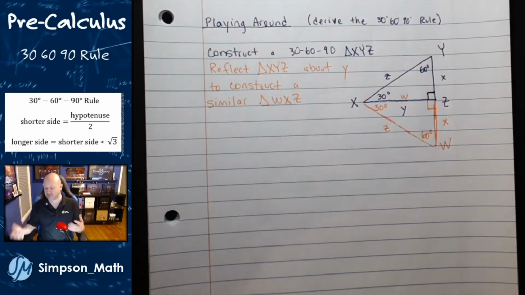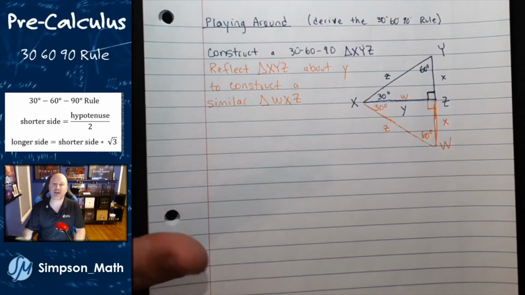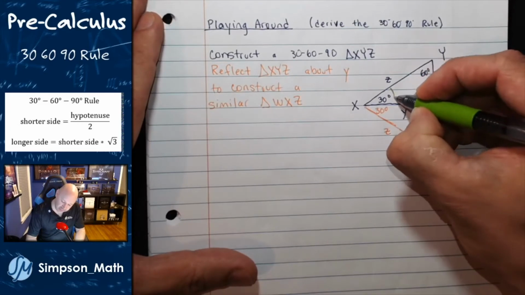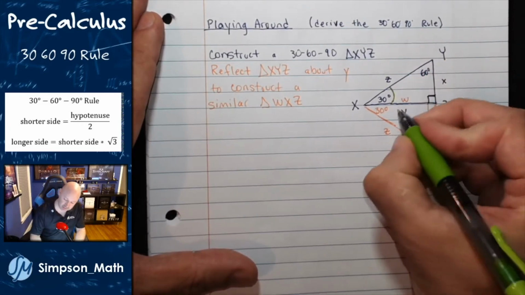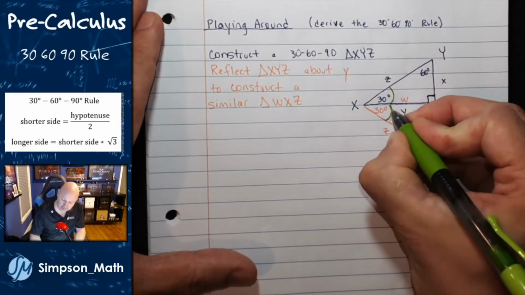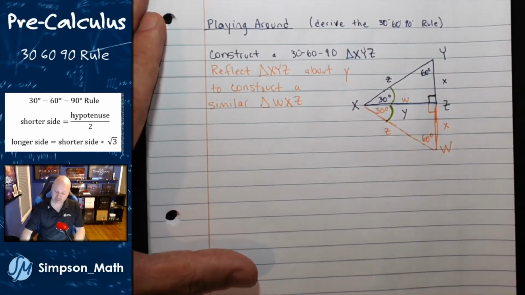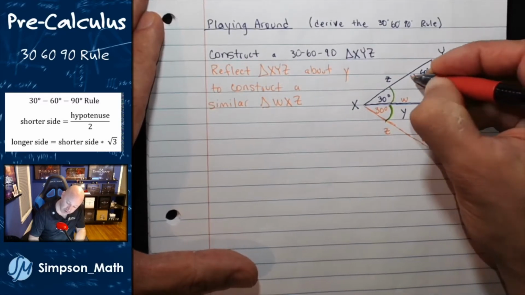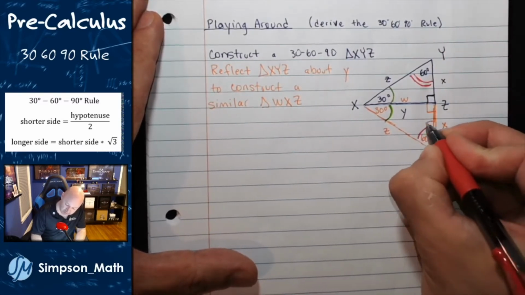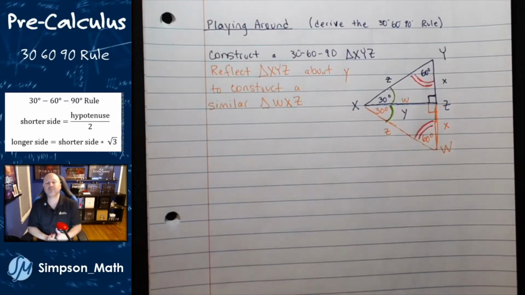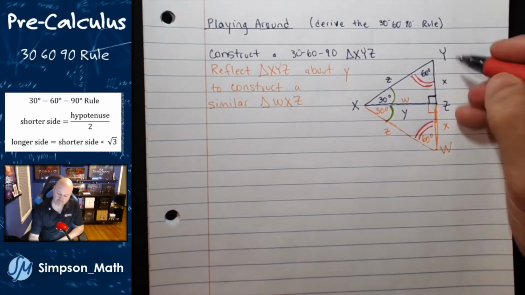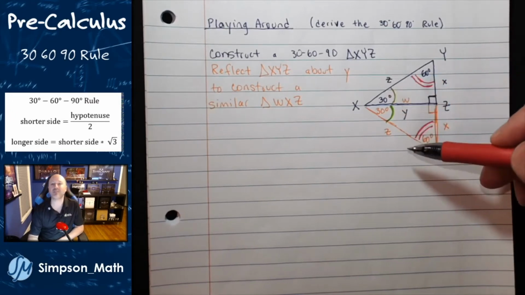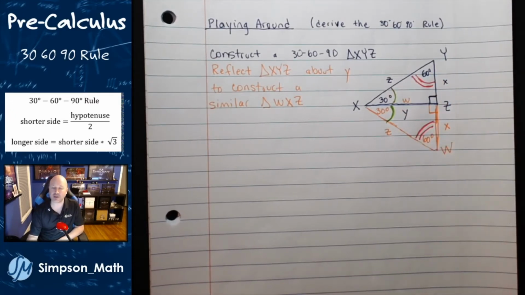And now there are some things I want to notice about this new creation. This 30-degree angle is congruent to this 30-degree angle. This 60-degree angle, I'll do a double arc, is congruent to this 60-degree angle. This side length is equal to that side length. That side length is equal to that side length. Lots of equality here.